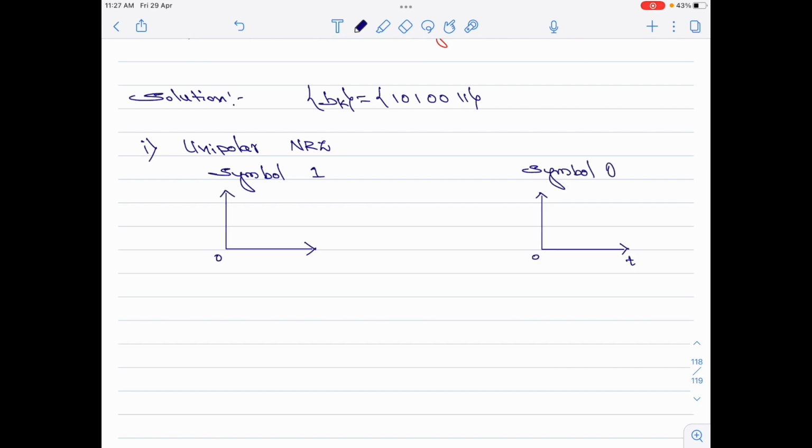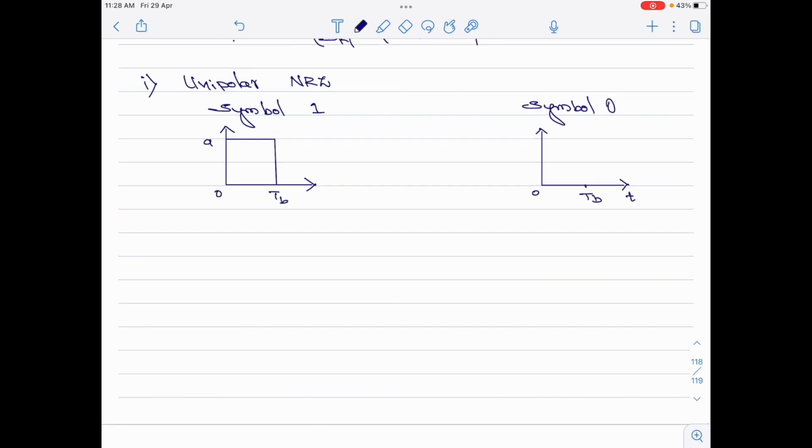A symbol 1 in unipolar NRZ is represented by transmitting a pulse of duration 1 TB and let us say amplitude equal to A. Whereas symbol 0 is represented by no transmission for the duration of 1 TB. This is unipolar non-return to 0.